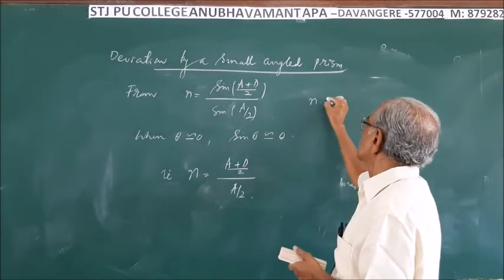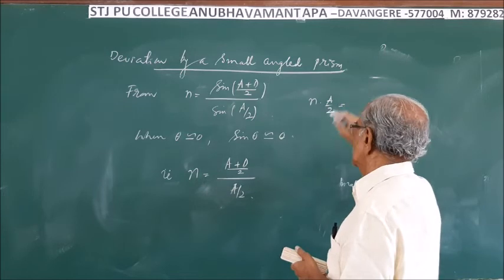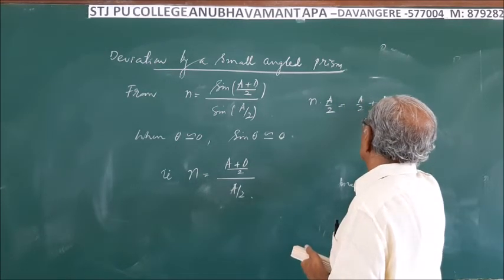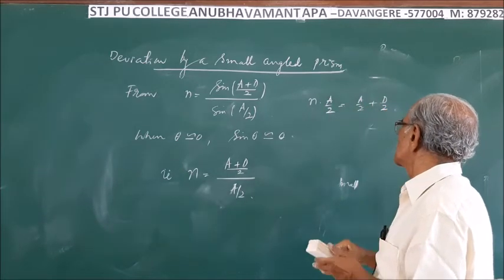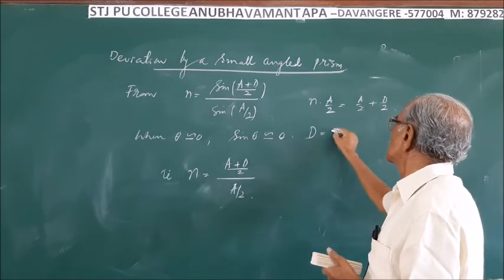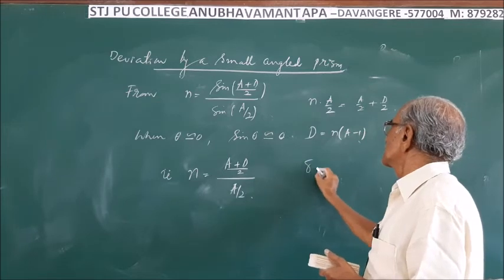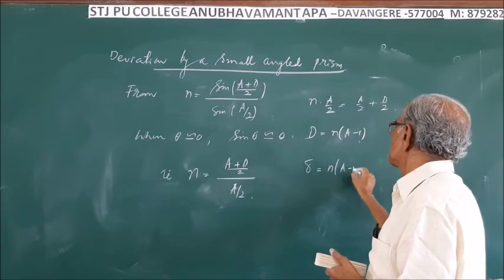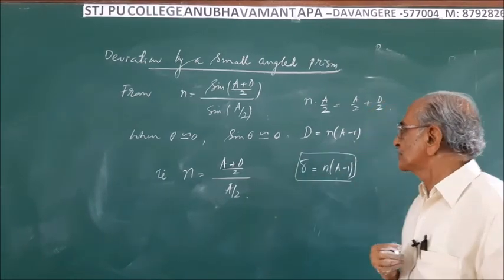Simplify: n into A by 2 is A by 2 plus D by 2. 2 is common in all of them, you can remove, so that deviation is equal to n minus 1 times A. In general, notice that there is an interesting phenomenon here.